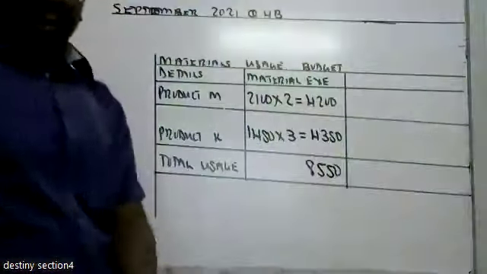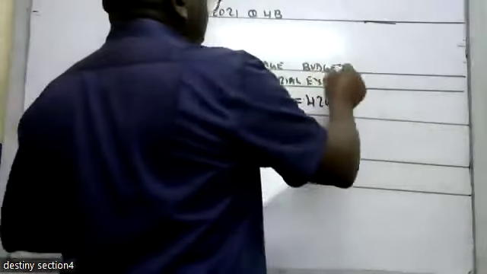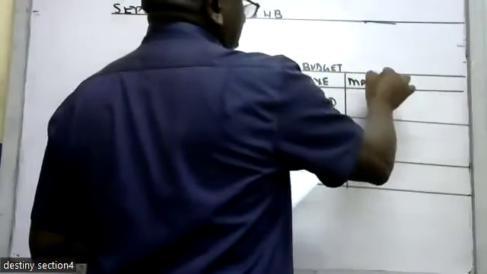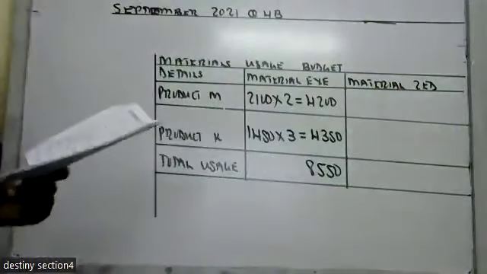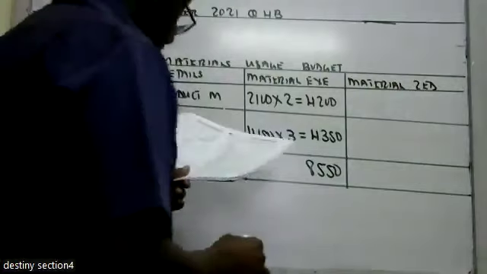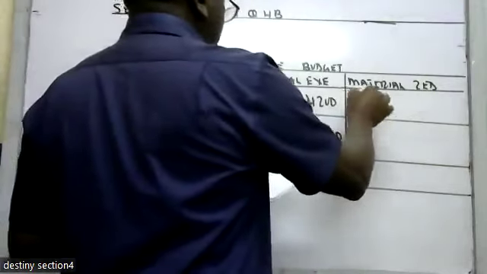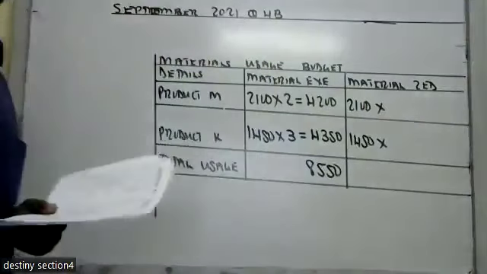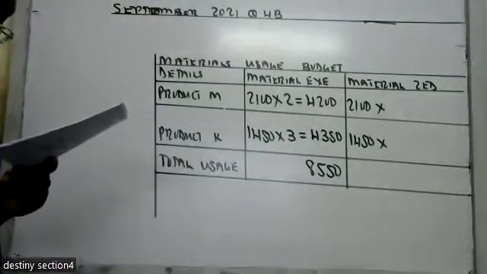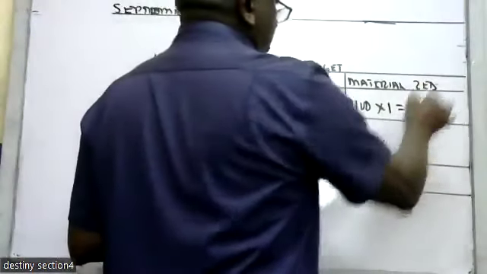Those are kilograms. So that one you close. The other one, I say material Z. For M we are producing 2100, and for the other one we are producing 1450. Looking again at materials required, M requires 1, so that is 2100.